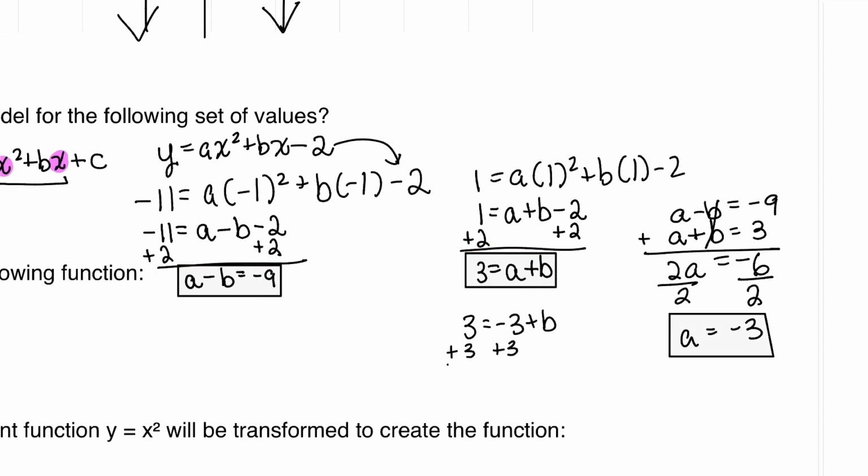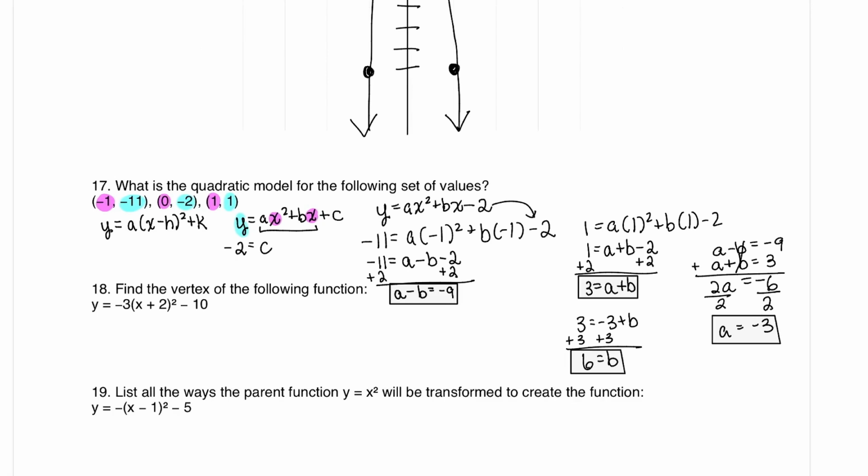Add 3 to both sides, so b is 6. Our final equation, because we now have a, b, and c, is going to look like this. We're going to replace all of our a's, b's, and c's with the coefficients that we got. So this is our final answer right here.